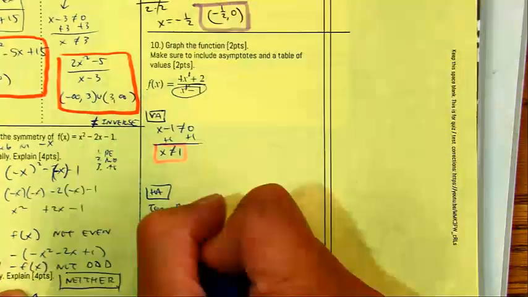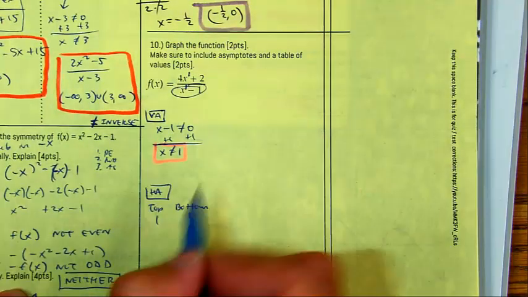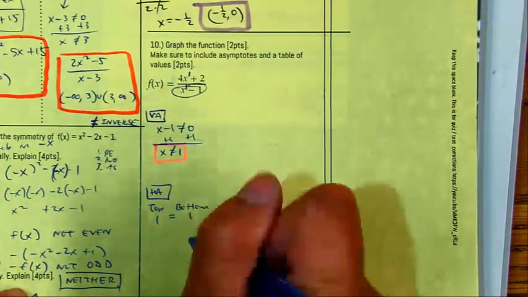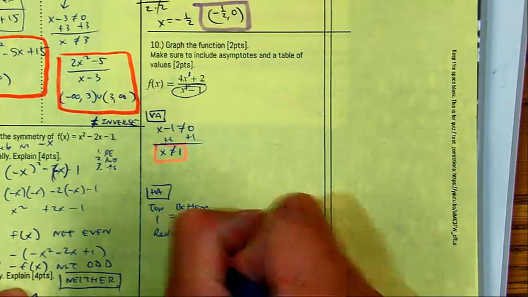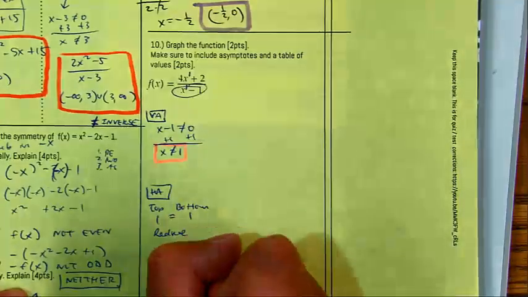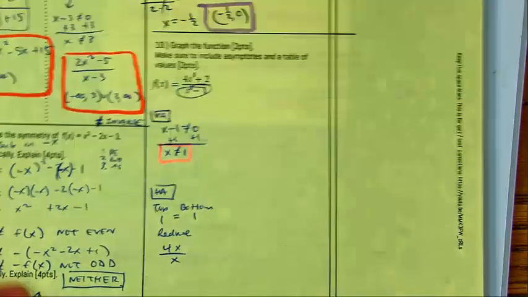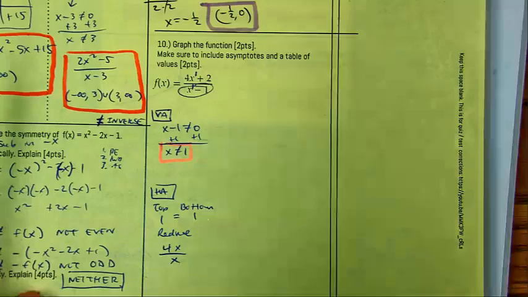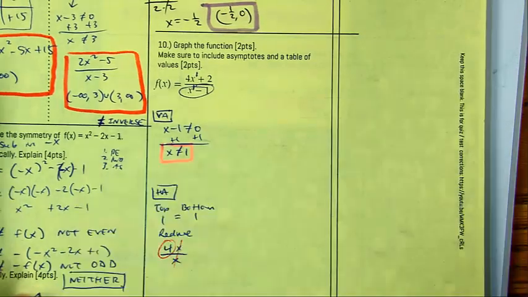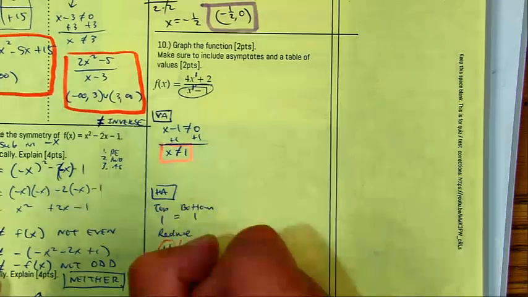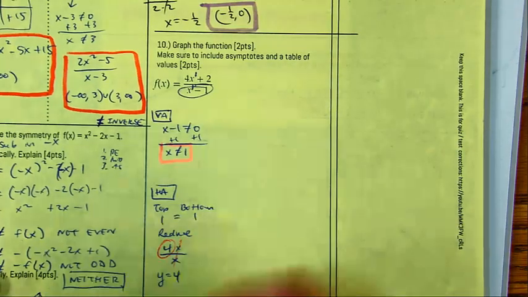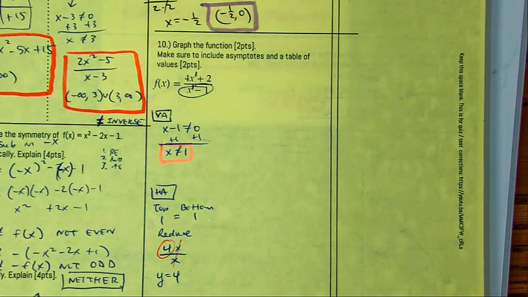So 1 and 1, then you put equals, so that tells you in your rule chart to reduce. What does it mean to reduce? You have 4x over x. These x's will cancel and you're left with just that. So your answer is y equals 4. You have a horizontal asymptote at y equals 4.